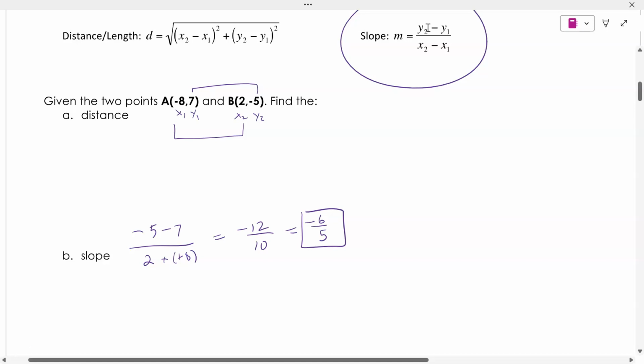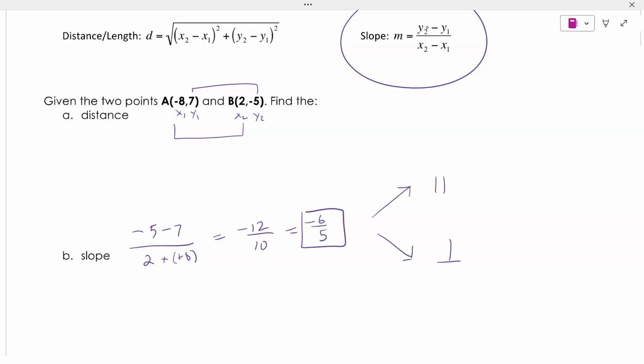Now, why do we care about slope? How does that relate to distance and midpoint formulas? Well, in the coordinate plane, the most important thing to remember is there's a difference between parallel and perpendicular.